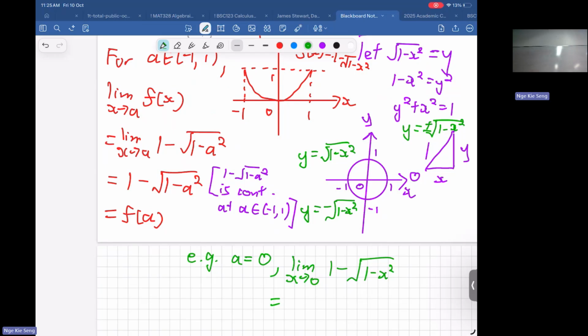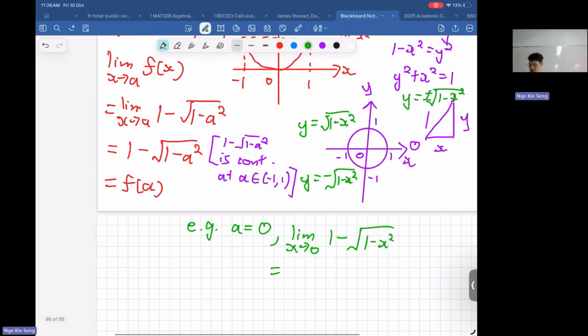And then this one, this is a constant function. So the limit as x goes to 0 of 1 is 1. Then you can use the linear property. So what do you get? 1 minus 1, which is 0. But at the same time, how do you get this 0?